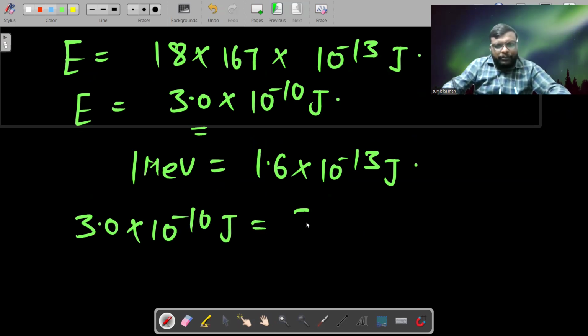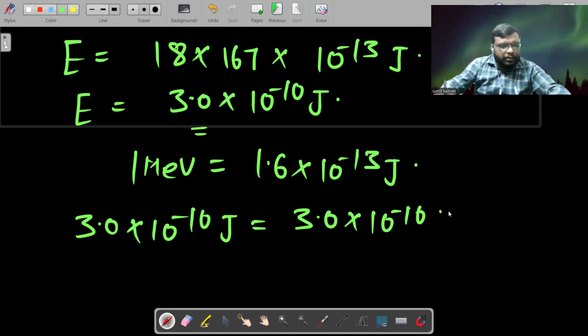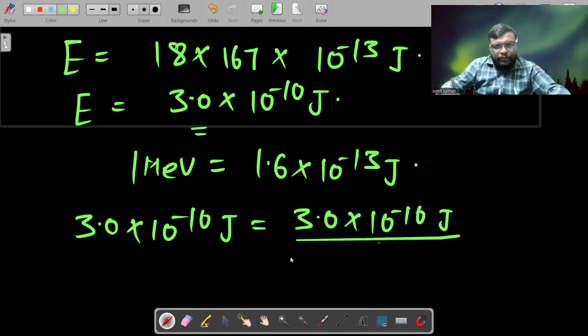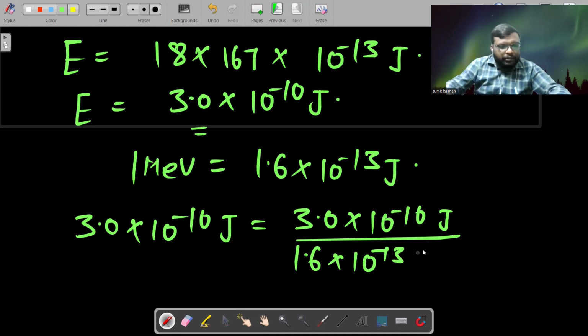So here it will become 3.0 into 10 to the power minus 10 joule upon 1.6 into 10 to the power minus 13 joule per mega electron volt.